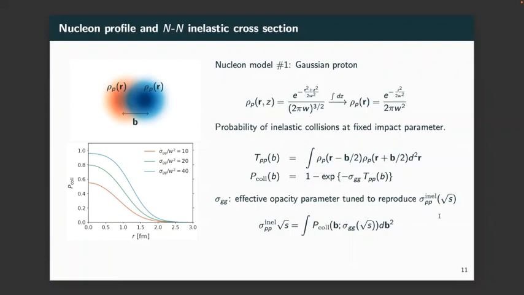ATLAS uses this global model, I forgot the name, which considers the proton size fluctuation. But in that case, the impact parameter is not considered. They consider the cross-section fluctuation. Actually, they don't consider the impact parameter.